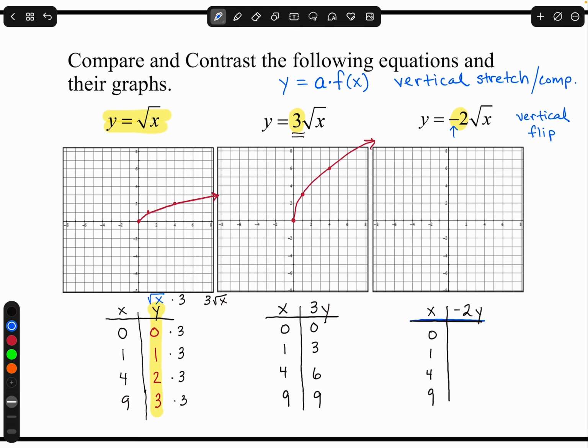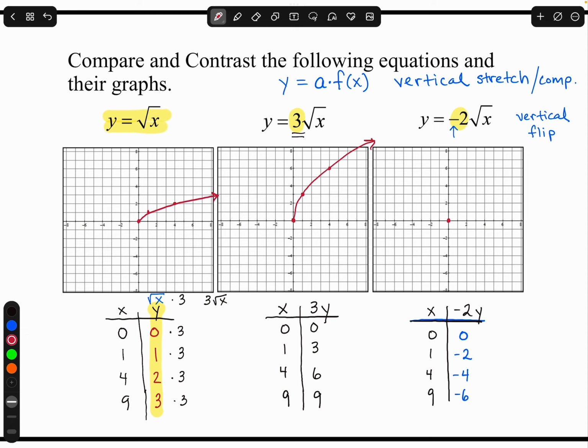So 0 times negative 2 is 0. Negative 2 times 1 is negative 2. Negative 2 times 2 is negative 4. And then negative 2 times 3 would be negative 6. Let's plot those points so that we can see.